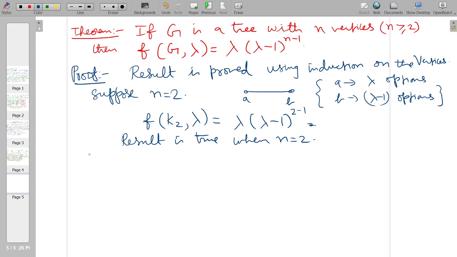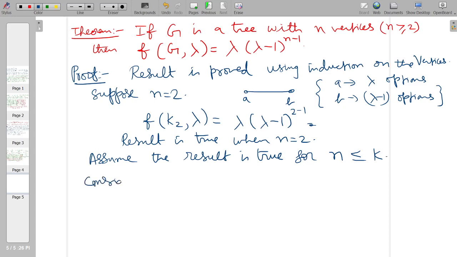Okay, now as per the induction hypothesis, we assume the result is true for n less than or equal to k. Now consider a tree with n vertices.